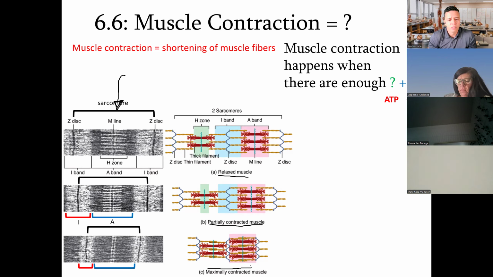No difference. And this is where the sliding filament theory came from. So in the theory, the idea is it is the sliding of the thin filament over the thick, not the other way around. And this is why the light band becomes shorter, but the dark band remains the same.